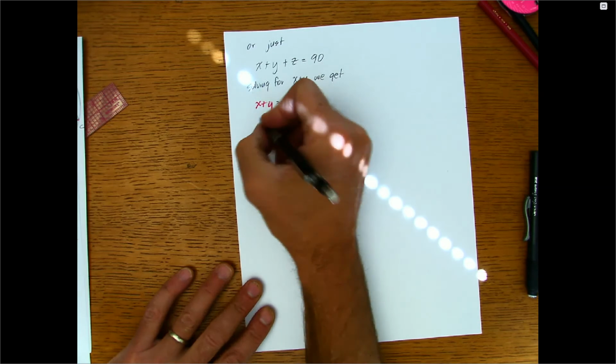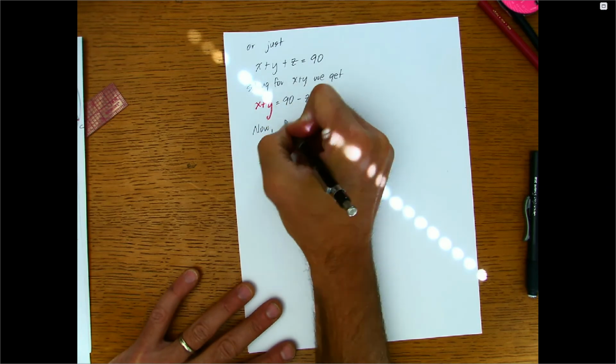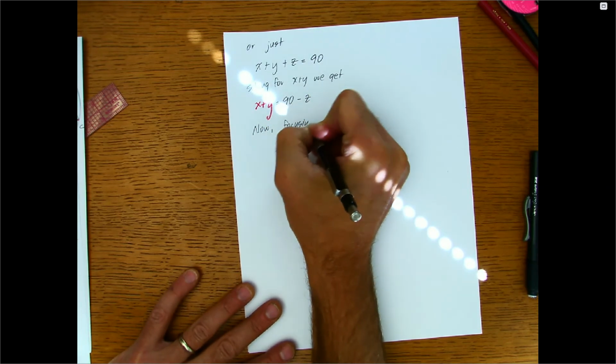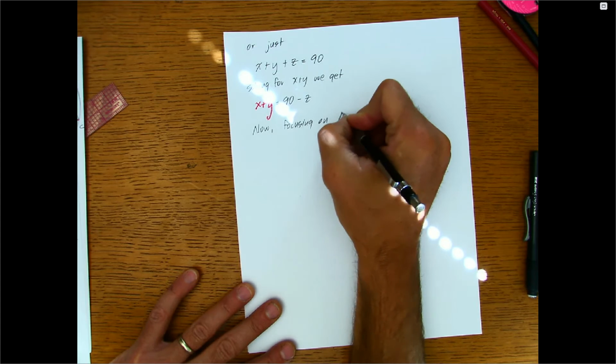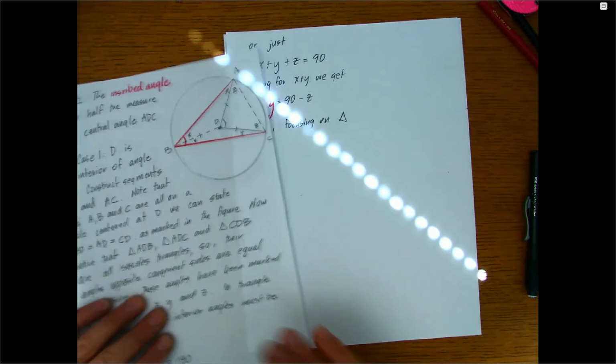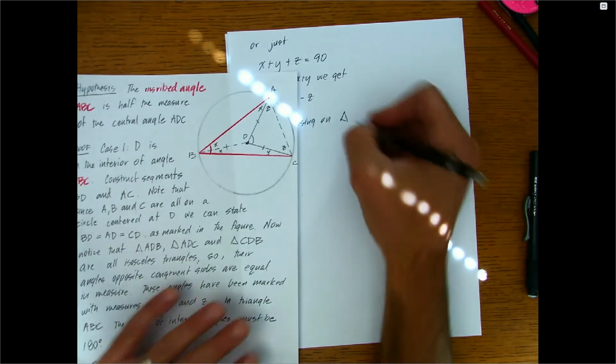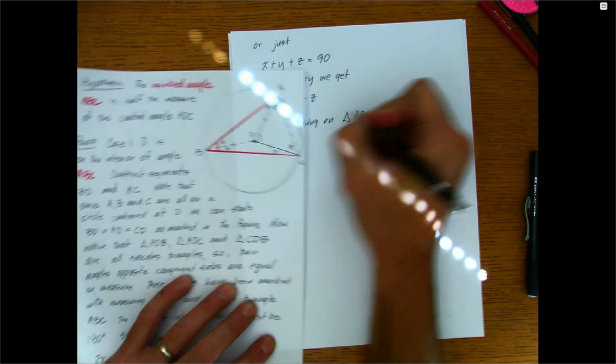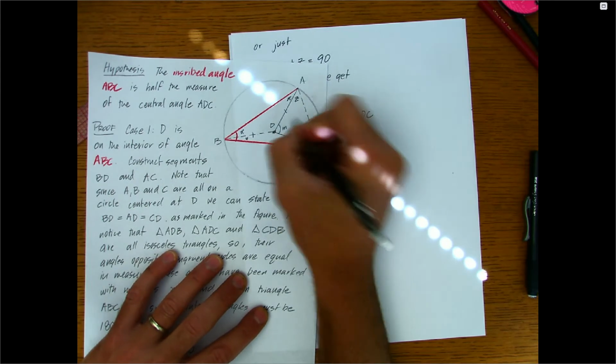So now, focusing on triangle ADC, we're going to call this the M for middle angle.